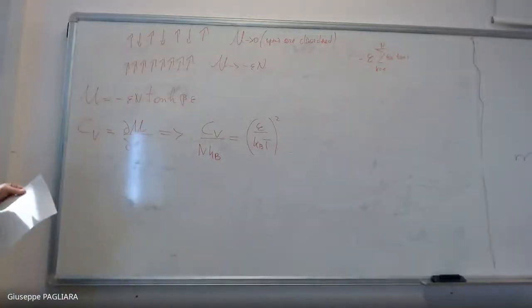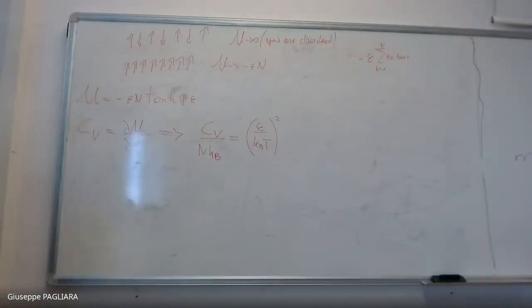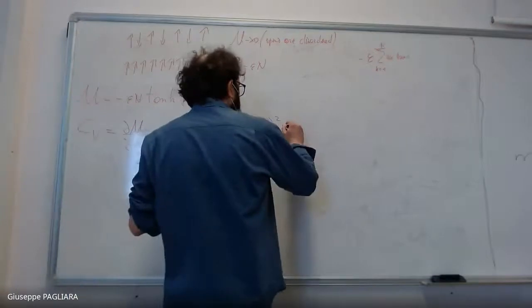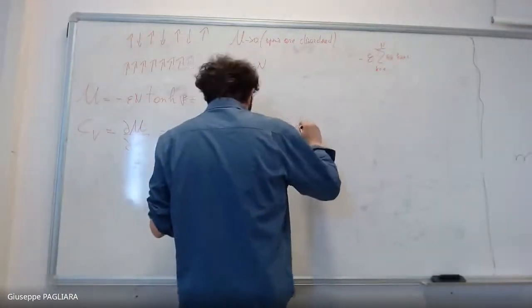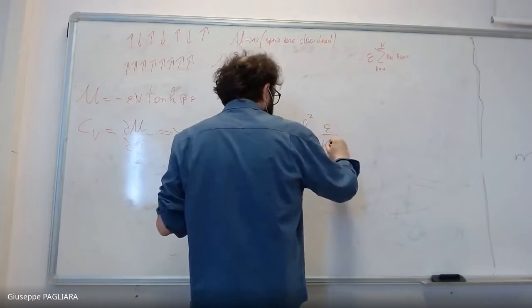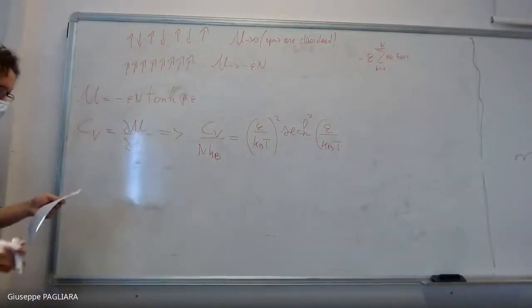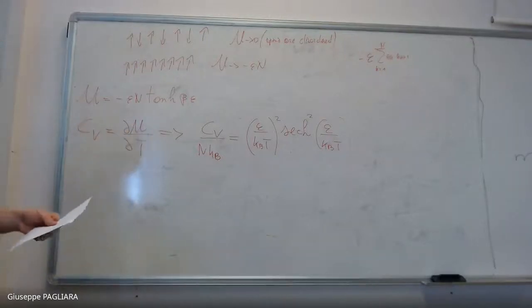Where does it come from? It comes from this 1 over beta, 1 over k_B T, the argument. And then I have the hyperbolic secant squared of epsilon divided by k_B T. So this is the specific heat as a function of temperature and coupling epsilon.